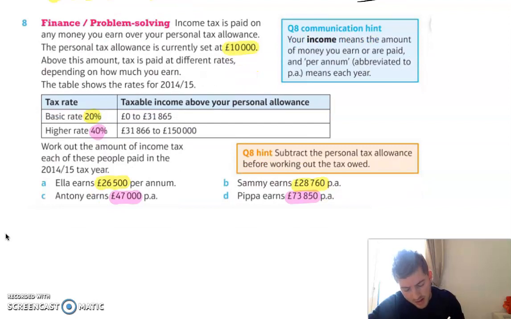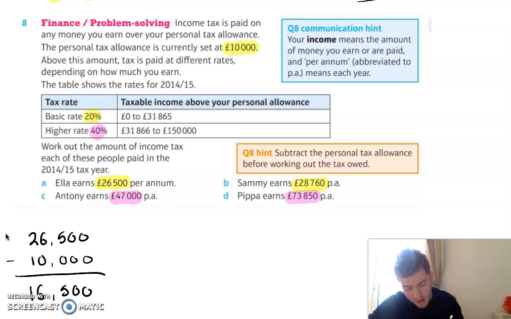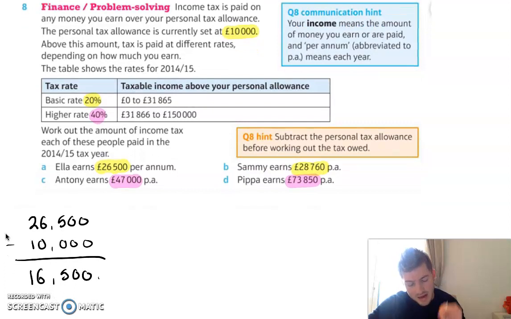Take away your personal allowance first. So 26,500, take away your personal allowance. You are left with 16,500. Okay? That's what you're getting taxed on.